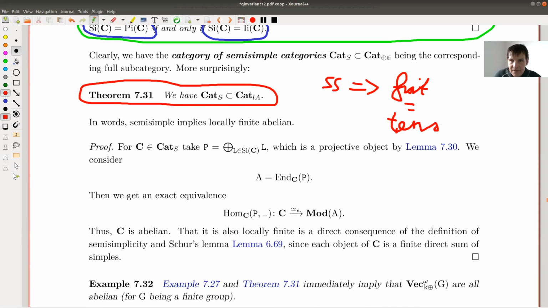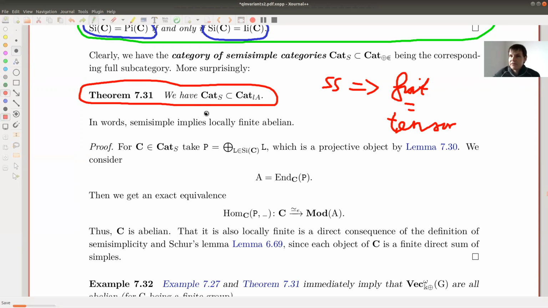So for semi-simple categories, there is no distinction between elements, basically. Remember that you had this distinction between what you would call a simple object and an indecomposable object. For semi-simple categories, it doesn't matter. So the simple objects are the indecomposable objects. So you're very happy. There is no distinction and everything's nice.